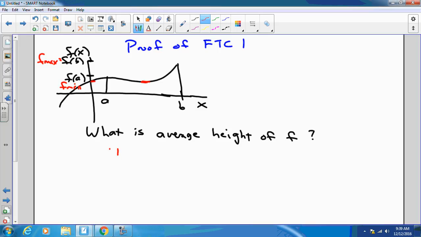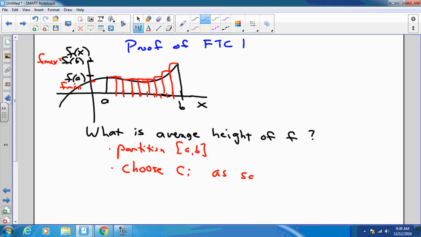What we're going to do is to partition the interval a to b, like so. And for each subinterval, we're going to choose a c, and that c is going to be a sample point.